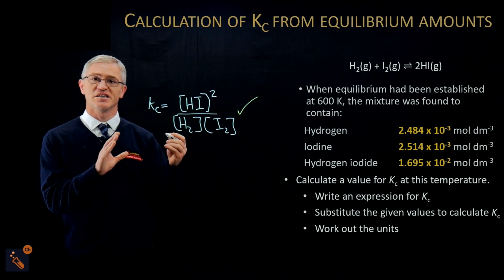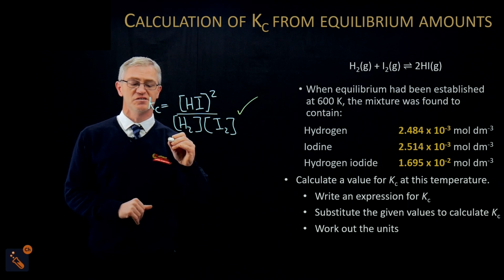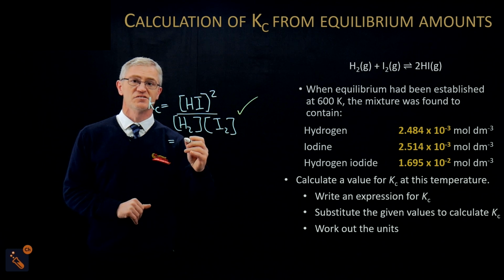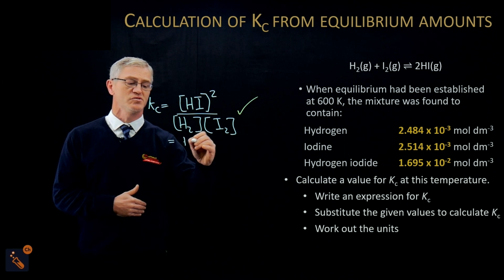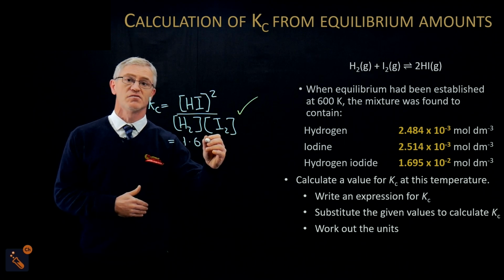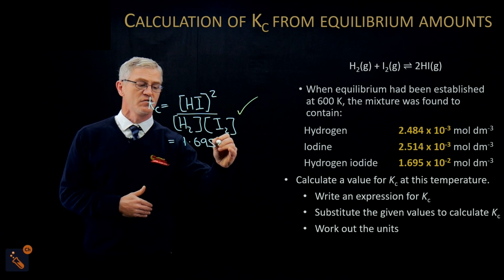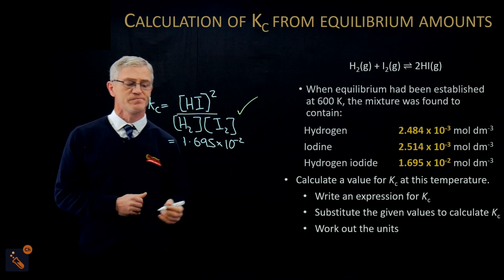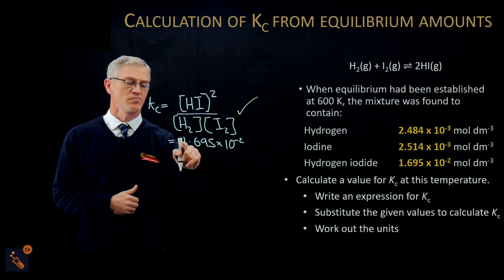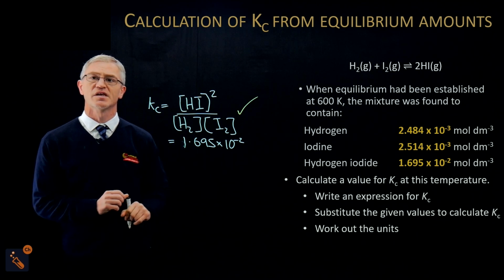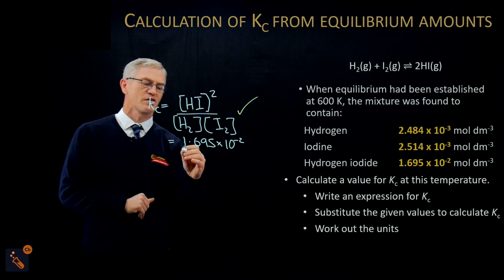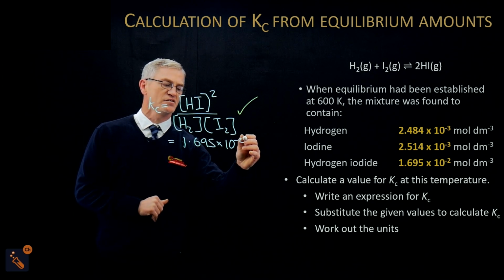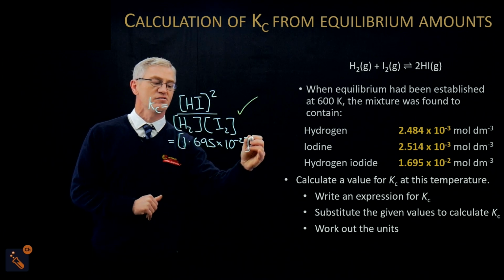So we then go from here and we say, right, let's put those numbers in. Our product is 1.695 times 10 to the minus 2, and we know that is squared.